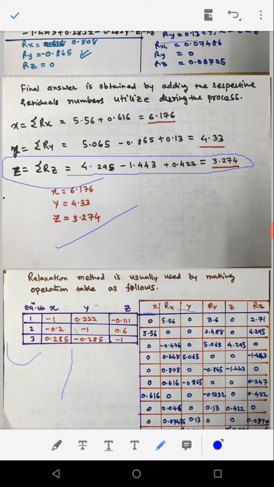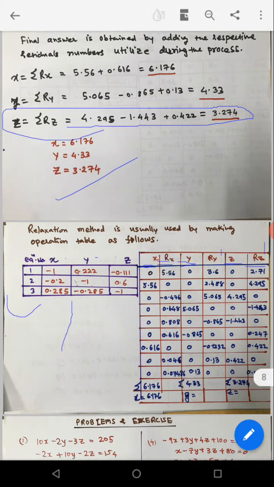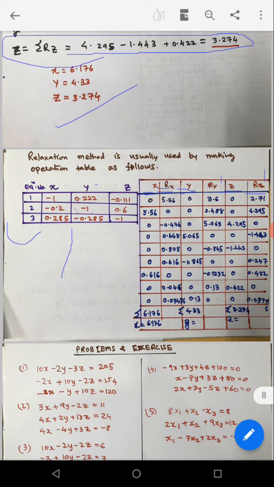So x, y, z is written here, and whatever residuals we get by substituting x, y and z, Rx, Ry and Rz, you can write in these three columns, and you continue the process. You can write it in a tabular form for convenient calculating.